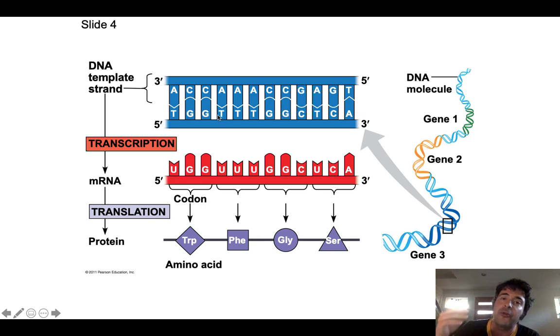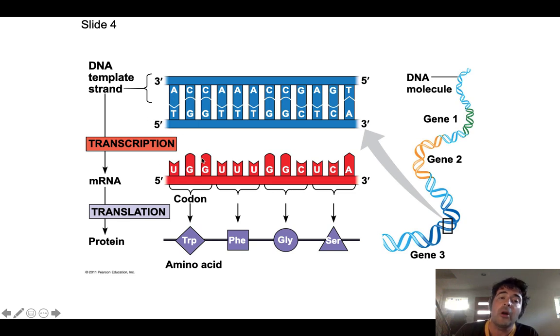If I asked you for the product of transcription, transcription is when we're using DNA to make RNA, right? So the product of transcription is going to be an RNA molecule. So what we're going to do is take our template strand of DNA and do our complementary base pairing the same way.